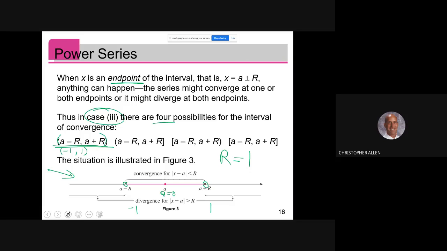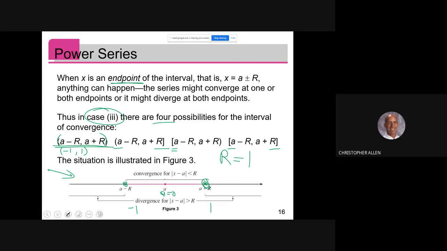Or you could have it to where this endpoint is convergent, but this one is not, so then you have an open one. Of course, you could have it the other way around, where this point is closed and this point is open, and then of course you could have it where both endpoints are closed.